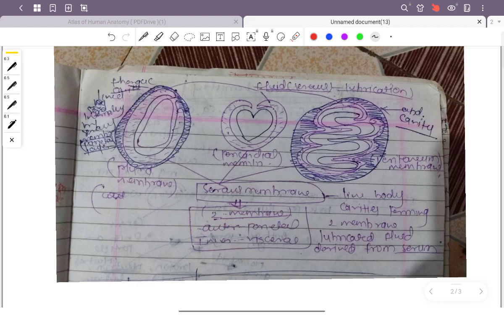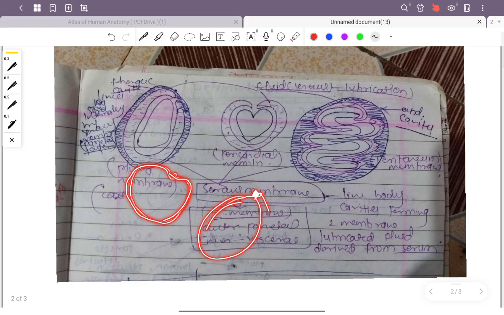Let's take an example. Let's consider an apple, this is the apple. And let's take a balloon, this is a balloon.